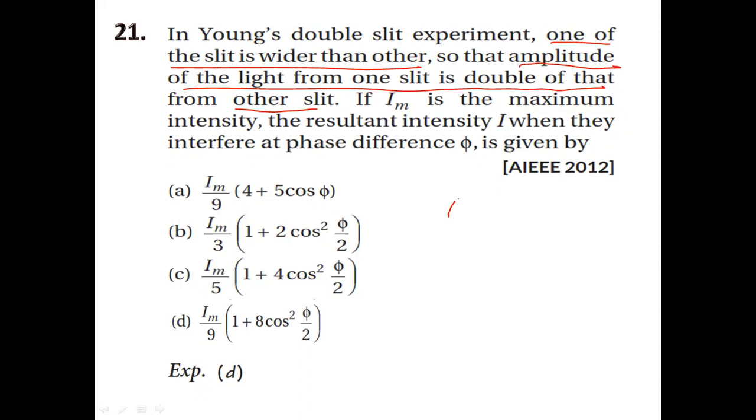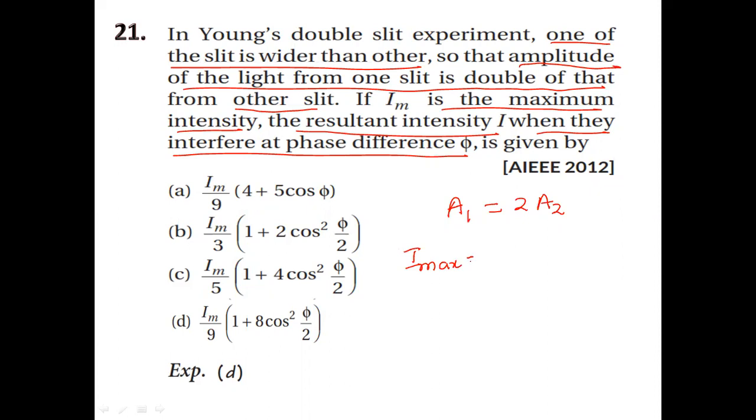So that means I can write A1 is equal to 2 times A2. And I_M is the maximum intensity. The resultant intensity I when they interfere at a phase difference of phi. So firstly, maximum intensity means I can write root I1 plus root I2 whole square.